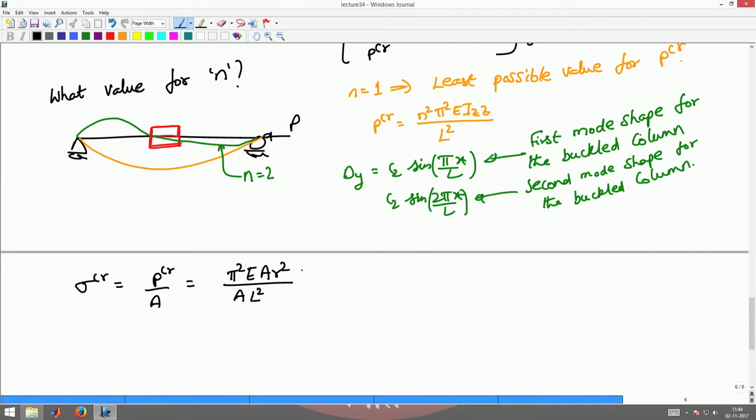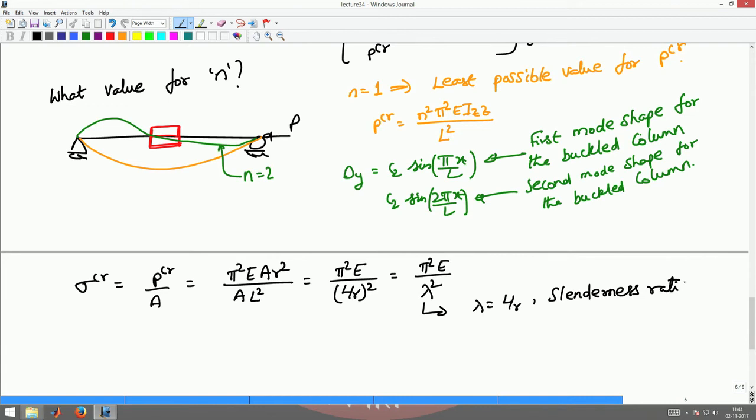Okay. So, this will give me pi squared E by (L by r) the whole squared. Now, this L by r is called the slenderness ratio, lambda. Lambda is L by r; this is called the slenderness ratio.